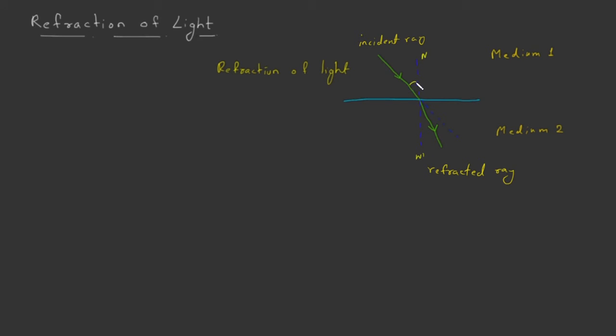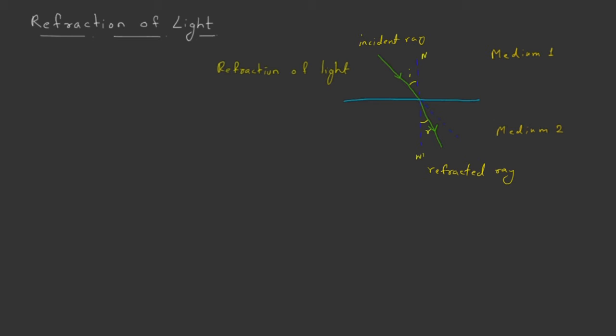And this angle is the angle of incidence, we can call it I, and this angle is the angle of refraction, it is called R.